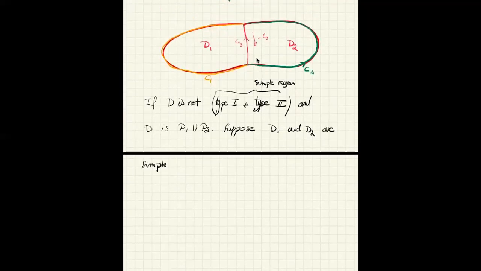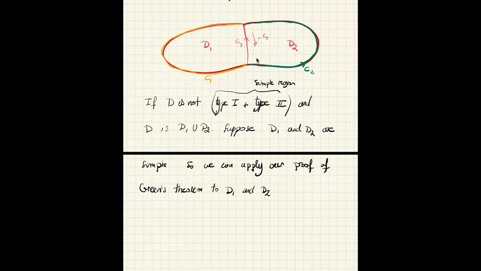If you can break a region down into two simple regions, we can apply our proof of Green's theorem to D1 and D2, because we will prove it for types 1 and 2.